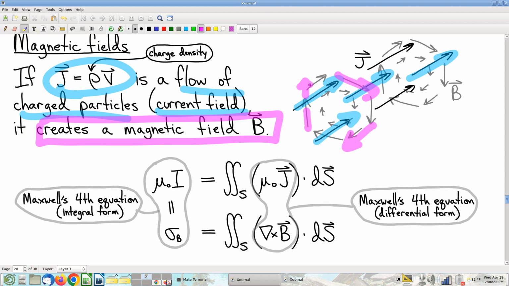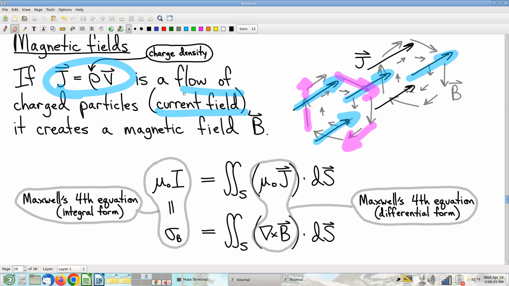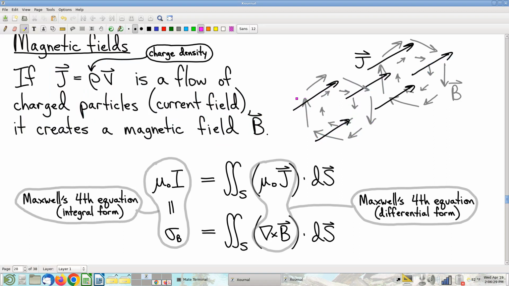It just is. Now here's some more empirical fact, in other words, don't ask why: there is an observable relationship between current and magnetic circulation.